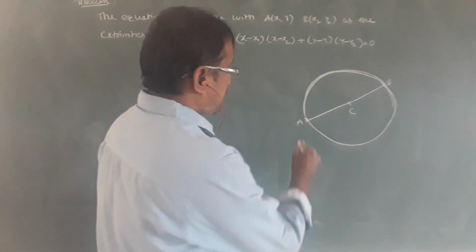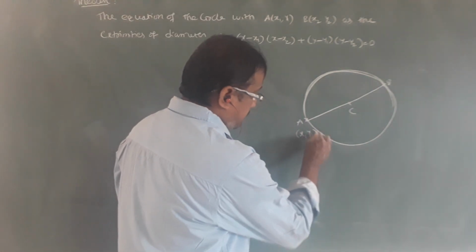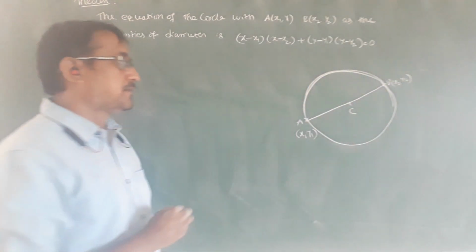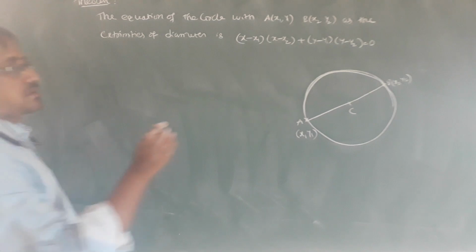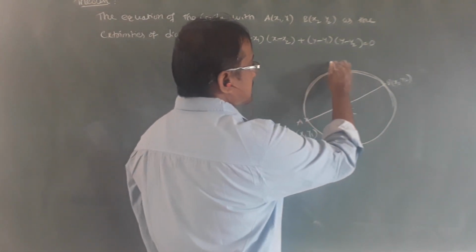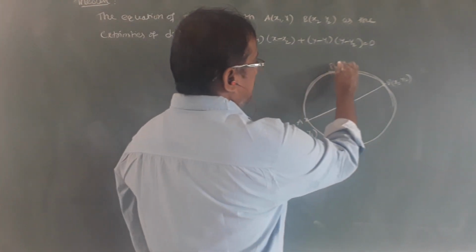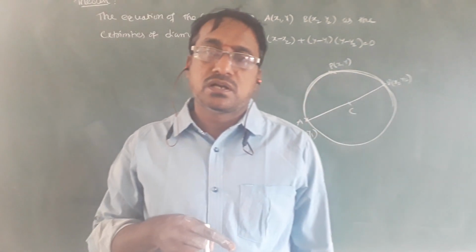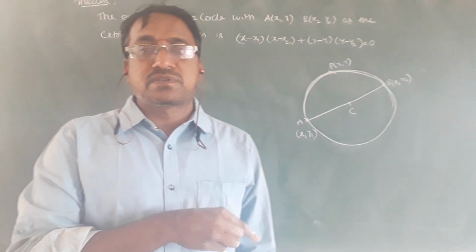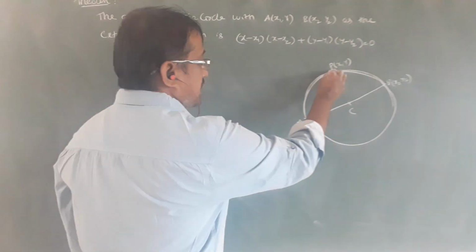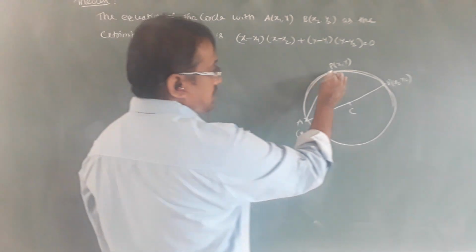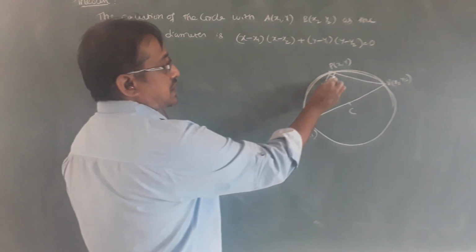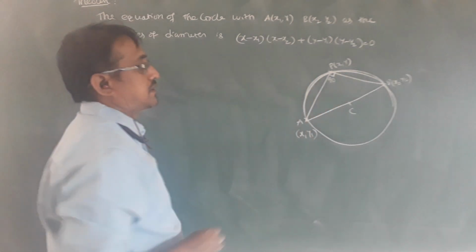Now let A(x1, y1) and B(x2, y2) be the extremities of the diameter, and let P(x, y) be any point on the circumference of the circle. We know that the diameter subtends a right angle at any point, so it subtends a right angle at the point P on the circle.